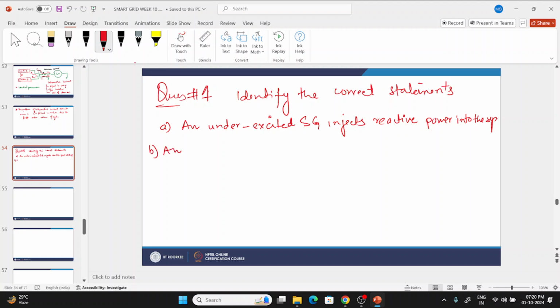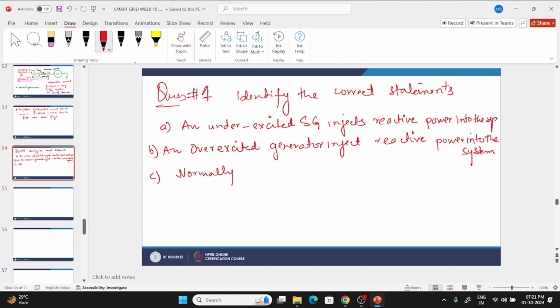Then B. An overexcited generator injects reactive power into the system. Then C. Normally excited synchronous generator operates at unity power factor.